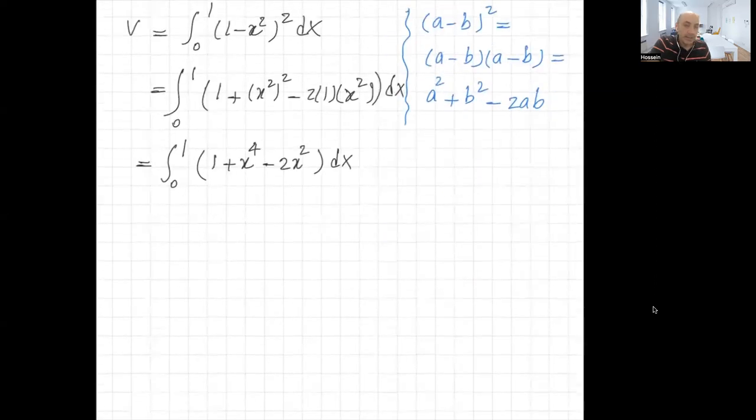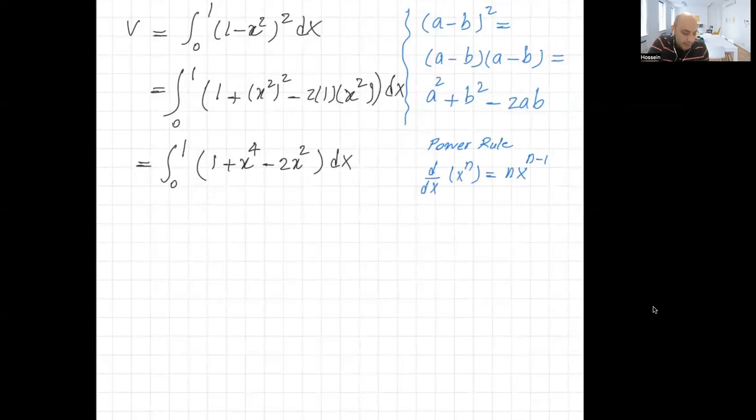And this is an easy integral to solve because we're going to use the power rule. The power rule is for derivatives, but the integral is the opposite of that. So I'm going to write the power rule on the side. The power rule in derivatives says that the derivative of x to the n with respect to x is n times x to the n minus 1.